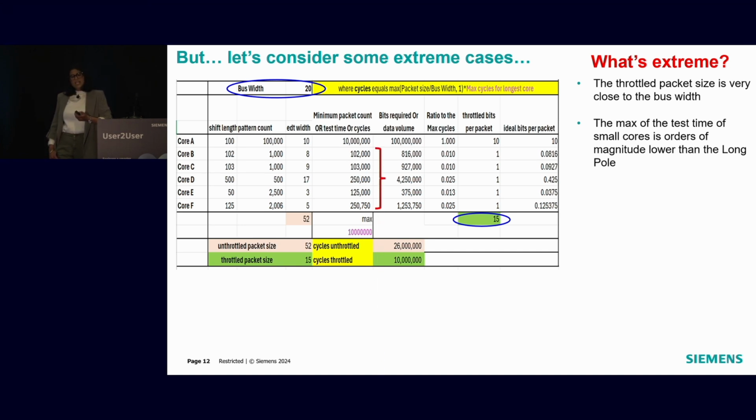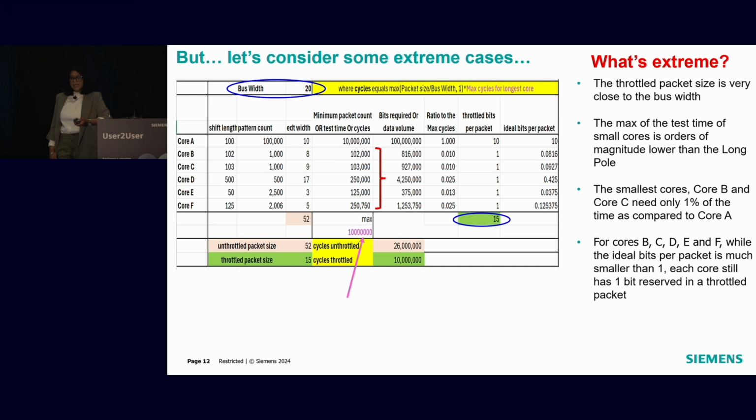So look at this, only 102K cycles, whereas core A, I just made up some hypothetical numbers for explaining this to all of you, needs 10 million cycles. 100K versus 10 million makes it extreme. Now the smallest cores, core B and C, they need only 1% of the time as compared to core A.